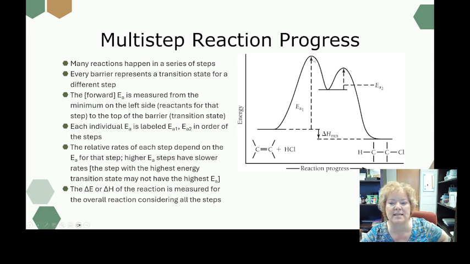So we would say that this first step would be the slow step, and the second step would be a faster step, because remember the higher the activation energy, the slower that rate. So this will be something we can interpret from these reaction profiles.